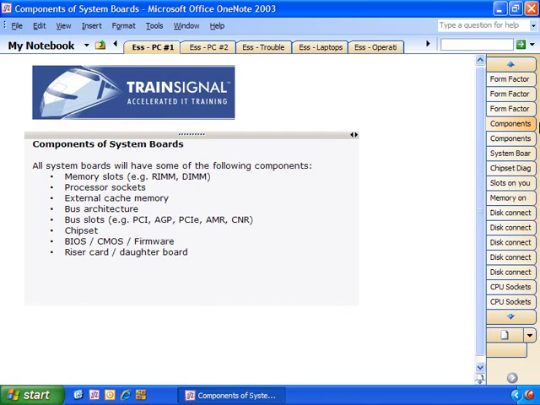Alright, so now we can talk more about components of system boards. Now all system boards will have some of the following components. They'll have memory slots for RIMM or DIMM memory. They'll have processor slots for your CPU, your processor. They'll have external cache memory. This helps speed up the performance.